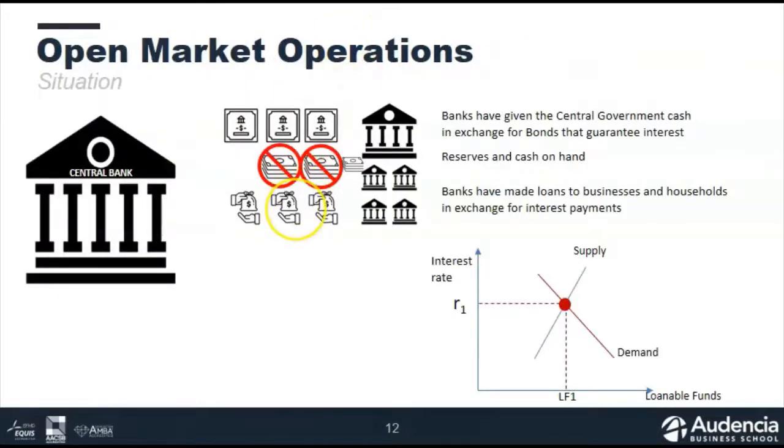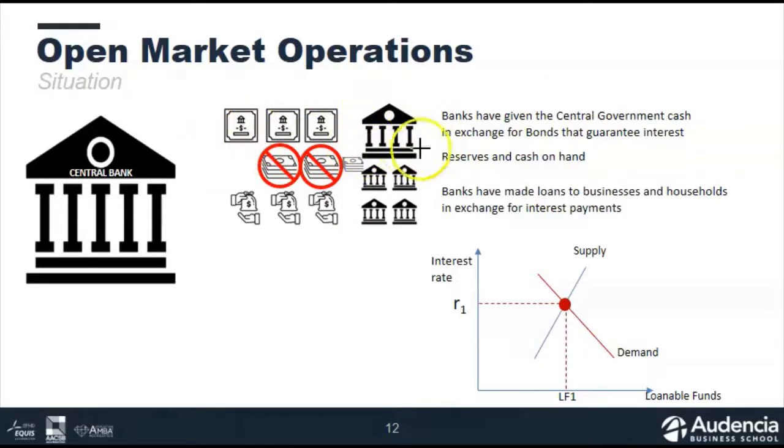First, let's take a look at open market operations, and we start with a bank in this situation. So we have our central bank over here, and we have a bunch of commercial banks over here. And in the bank's balance sheet, what do we see? We see a series of assets. These assets could include, for example, bonds.